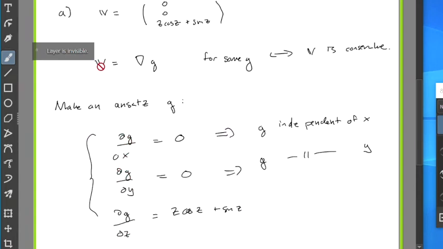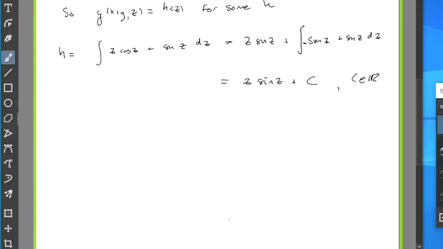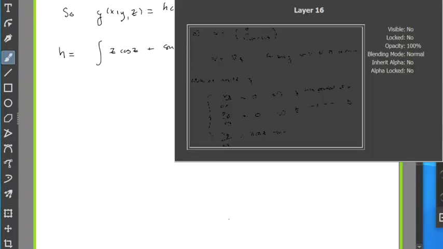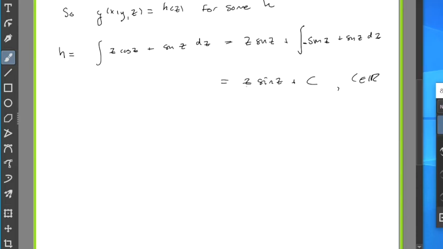That being equal to the vector field V everywhere means that the g dx is 0, the g dy is 0, and the g dz is equal to Z cosine Z plus sine Z. So that's the reason why. Okay, and if we take the derivative of this thing, we see that we get the correct thing.